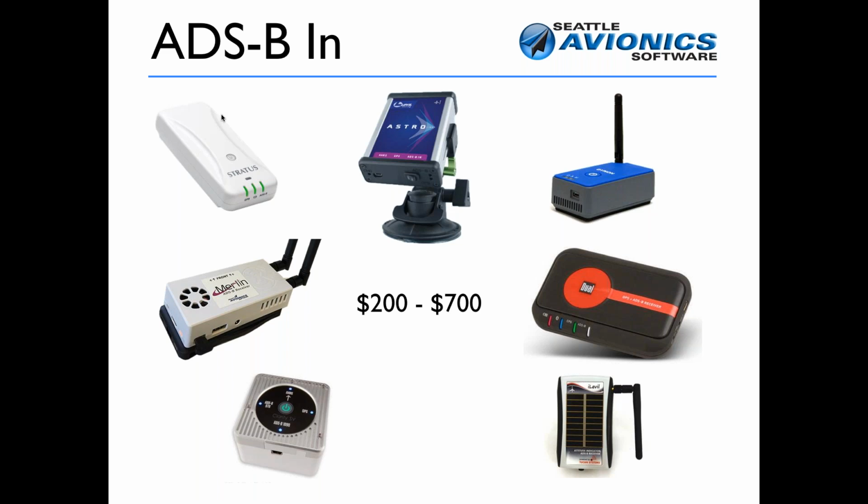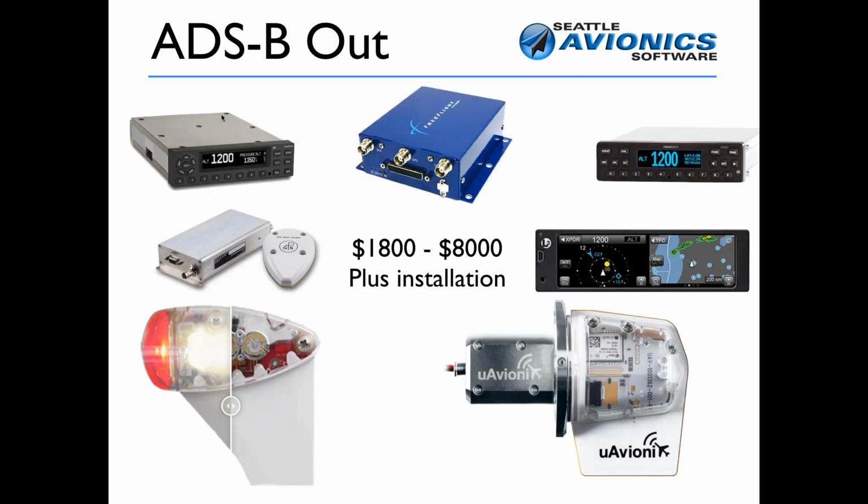And in many cases, it significantly increases the price. I'm going to flip back to the out one. I believe in the 345, it's something like about $2,200 for ADSB out, and then about another $2,000 or $3,000 for ADSB in, which to me didn't really make a whole lot of sense.